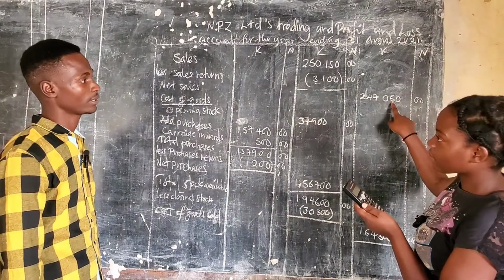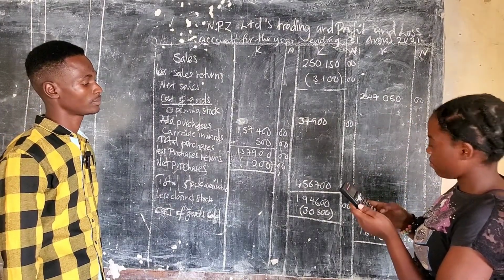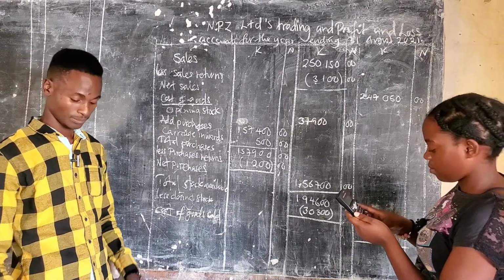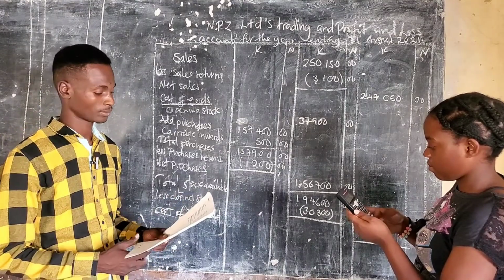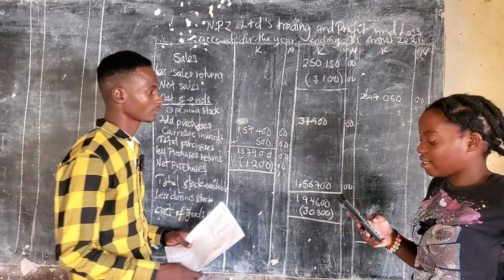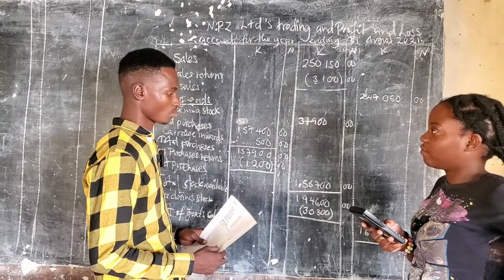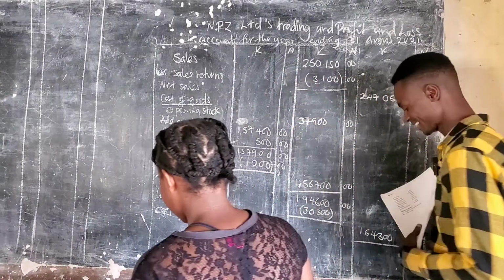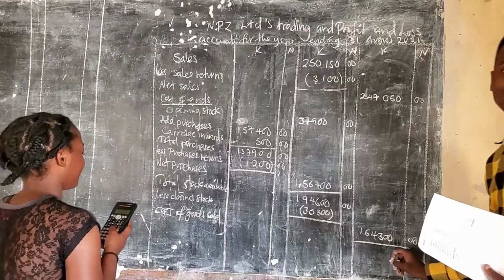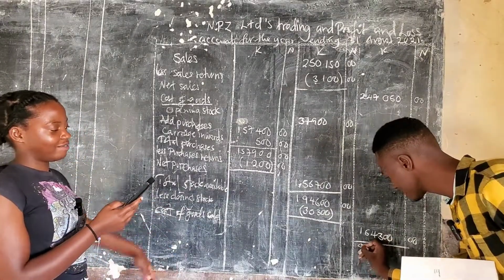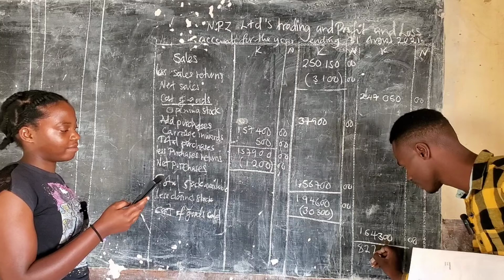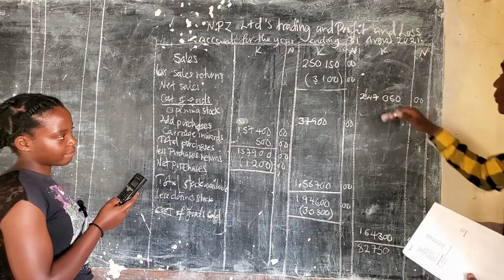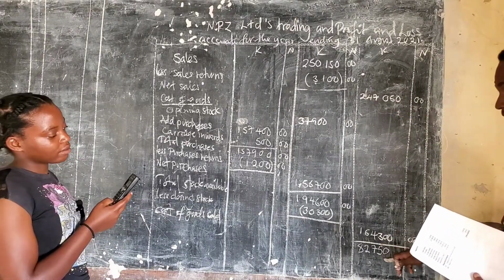How much are we having? 82,750. So this one minus this one, and this one is positive.